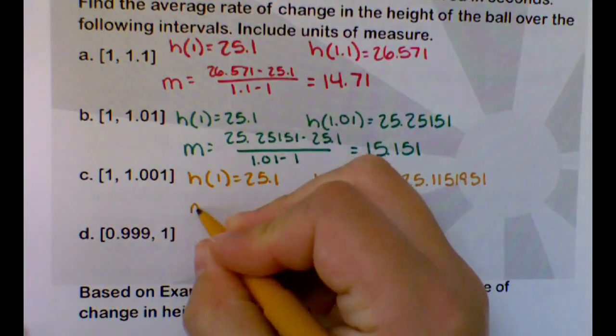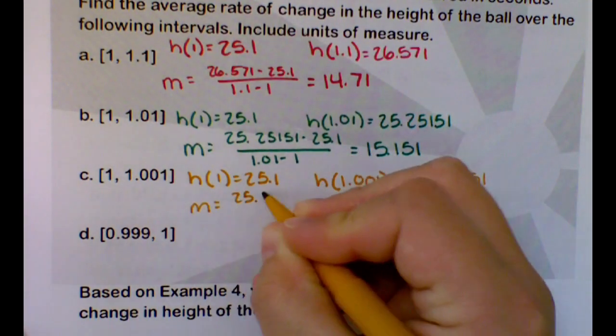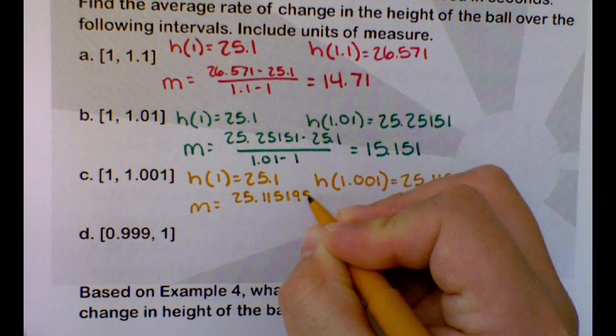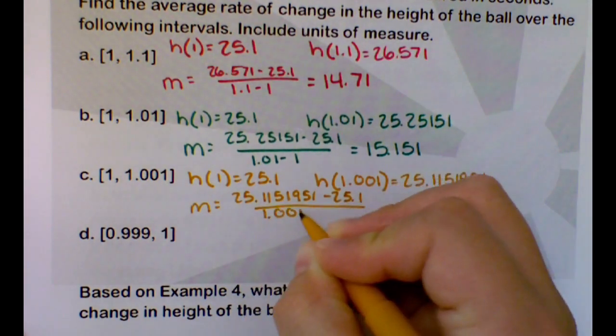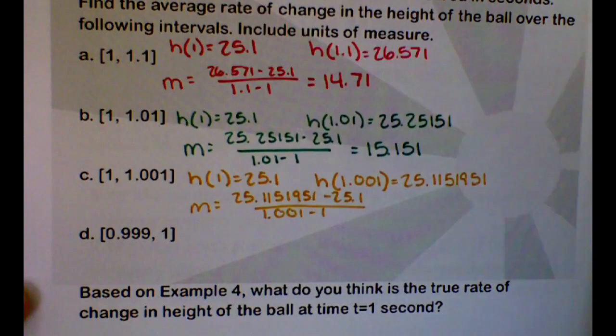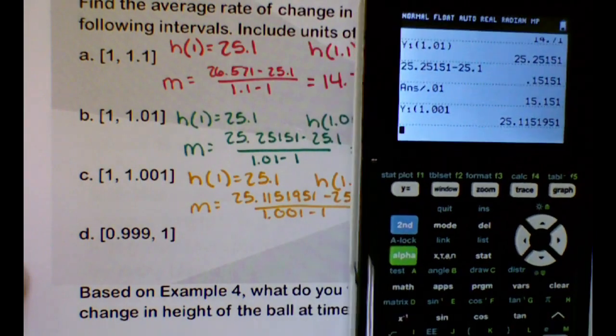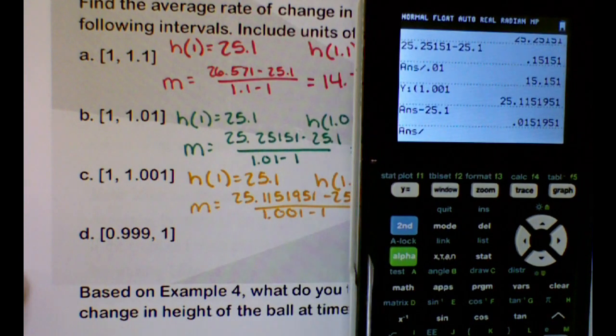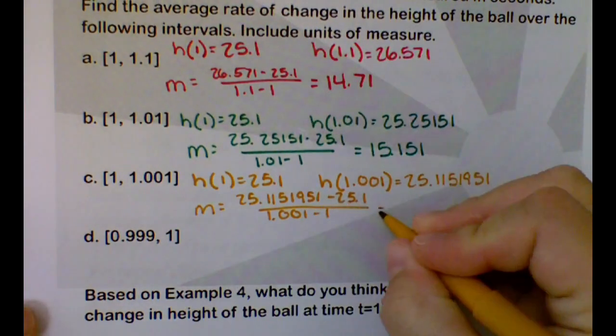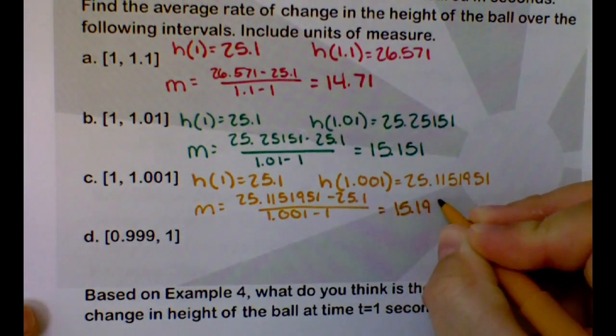And I'm going to find my slope by taking 25.115191 minus 25.1 over 1.001 minus 1. Another trick for this: instead of typing in this entire decimal each time, I can just hit second answer, minus 25.1, and then divide by 0.001. And there we go, 15.1951.